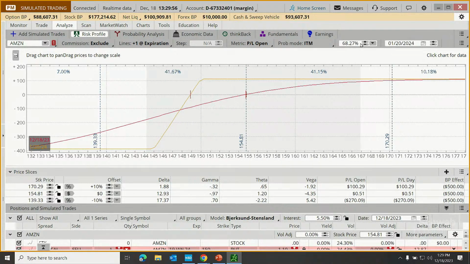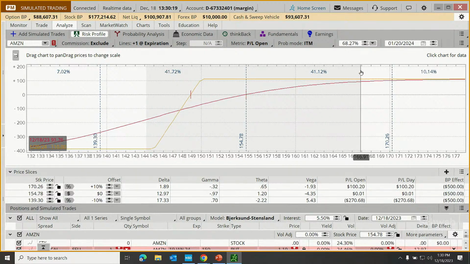How big is that? In other words, what if we were to draw a line giving us a 68% probability that our stock is going to fall within a range? How wide would that range need to be to give us a 68% probability that we fall within that range on January 20th? That's what this gray box is.